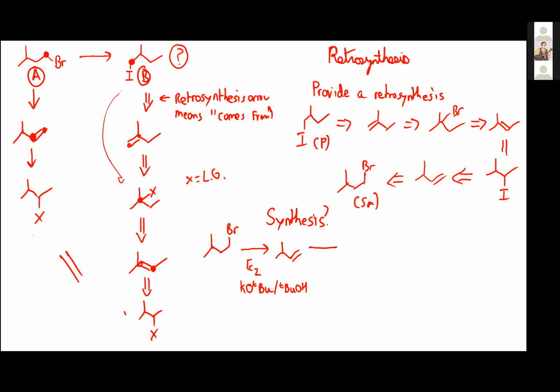So I make this. Now I want to go to the iodide there. So I want to put an iodide there. I realize, okay, what I want to do is I want to do a Markovnikov addition of iodine. Right? So I'm adding HI. Markovnikov is what I'm trying to do. So how do I do that? Well, how do I add HI Markovnikov?